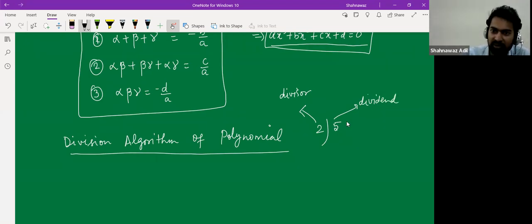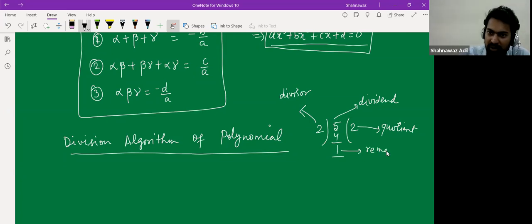And you have the result 2 and remainder 1, so this is the quotient, and this is the remainder. Similarly, the division algorithm of polynomials has the same pattern, the same relation.